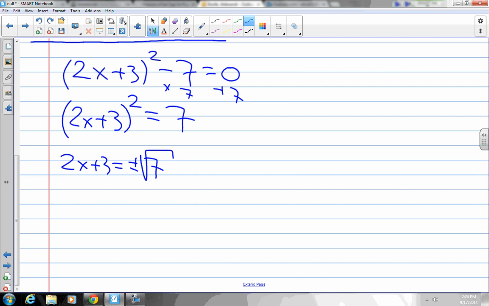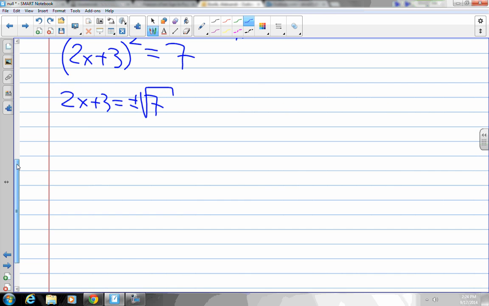2x plus 3 equals plus or minus square root of 7. And I can actually solve for x as a linear equation. I can subtract 3 from both sides. So it's 2x equals negative 3 plus or minus the square root of 7.